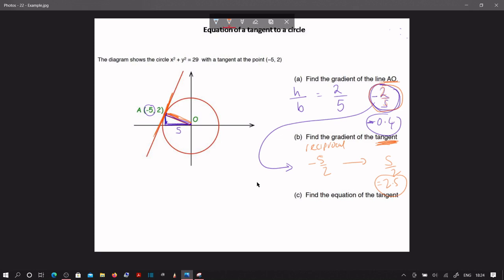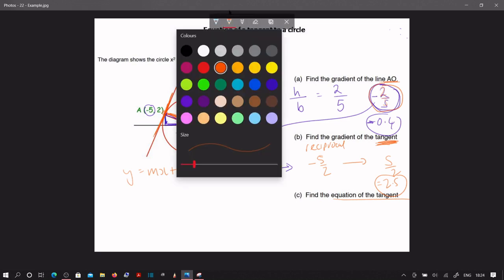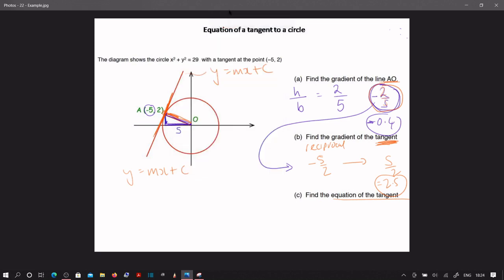Next, find the equation of the tangent. So I need to know the equation of this, which is of the form y equals mx plus c. This point over here, let me just do it in a different color, lies on the line.